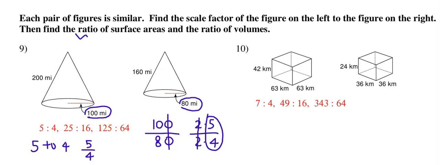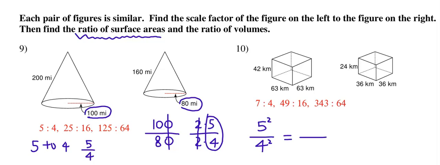Now it asks us to find the ratio of the surface area. Simple. All we need to do is square them. In the previous video, in order to find the scale factor, we square rooted it. And this time, we square because we have the ratio of the side length, such as the height, the lateral height, or the length with height.